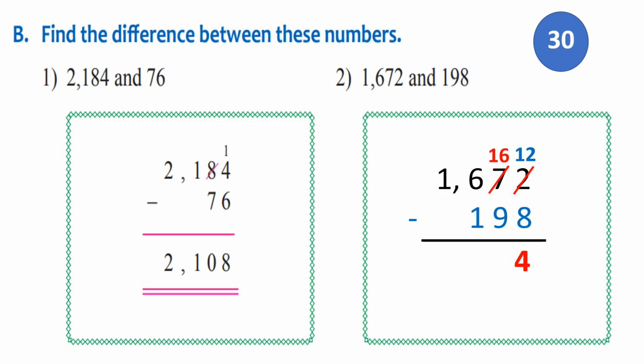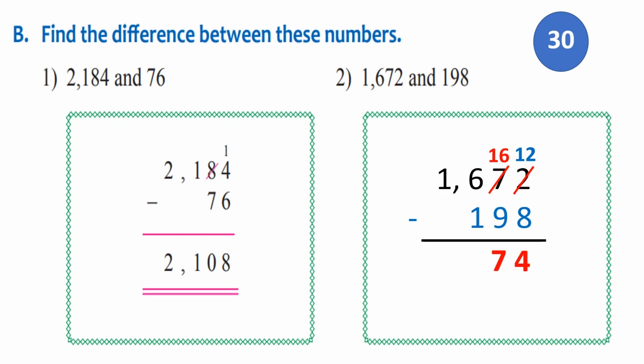6 minus 9, no, that's why you borrow here from hundreds, become 16. 16 minus 9 is equals to 7. Now 6, this one you change to 5.